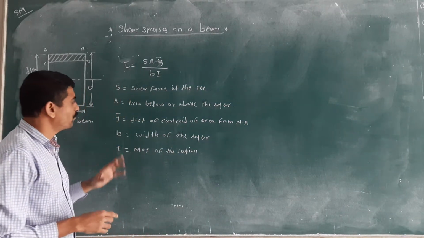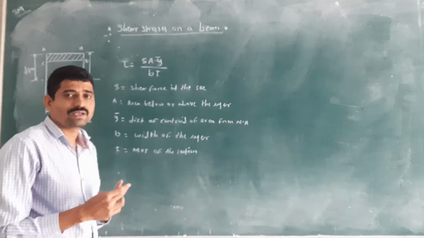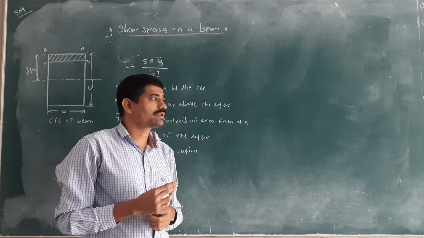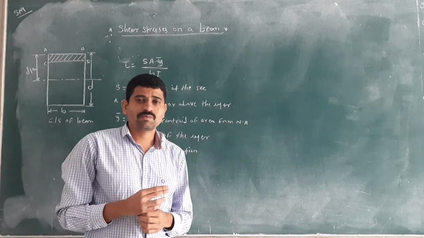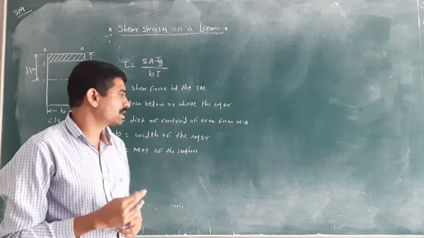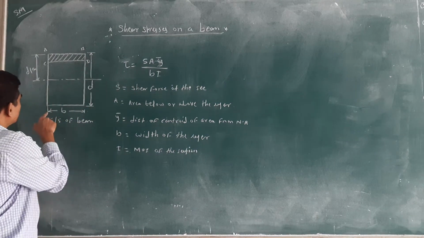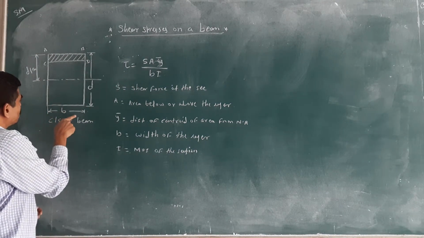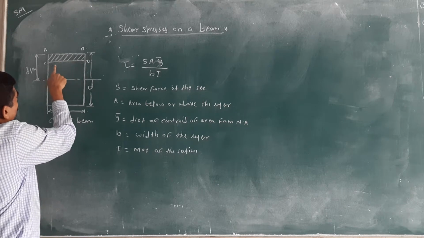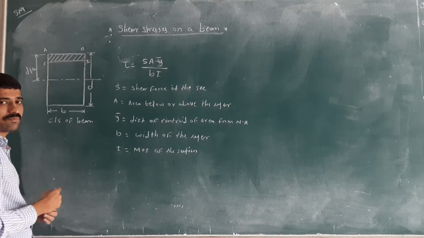Then B is the width of the layer. If you consider a triangular section, you will get different widths. If you consider a rectangular section, you will get the same width, because the width of the rectangle is B, and for layer CD you get the same width.